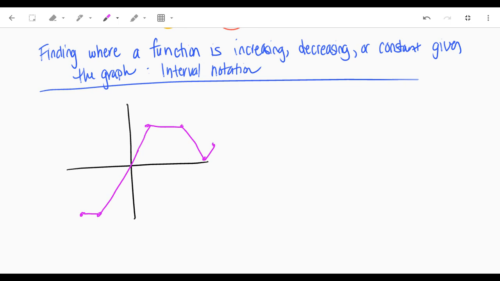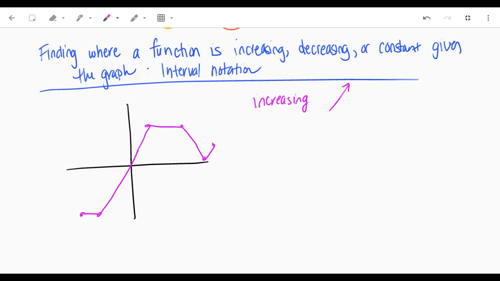So they want you to write where the graph is strictly increasing. As you move from left to right, it's where you would be walking uphill. So if it's increasing, we're going to see movement like that from left to the right.